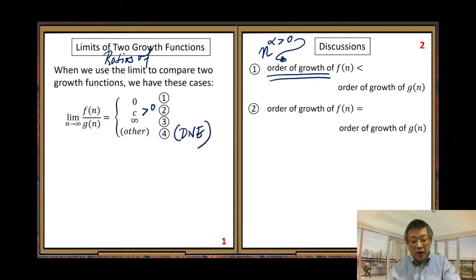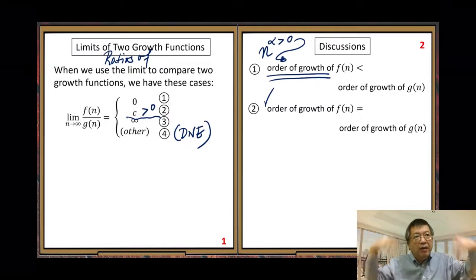The second case, order of growth of f of n equals order of growth of g of n. Here you can see when the limit of the ratio is a positive constant, then we get case number 2. These two growth functions, we treat them as having the same order of growth.